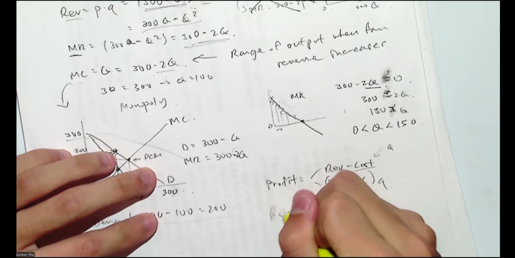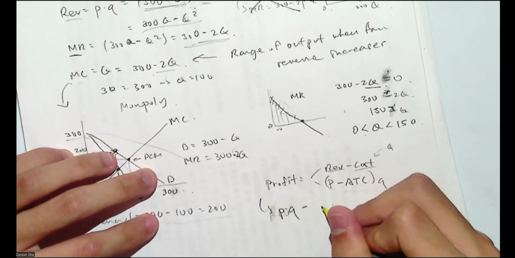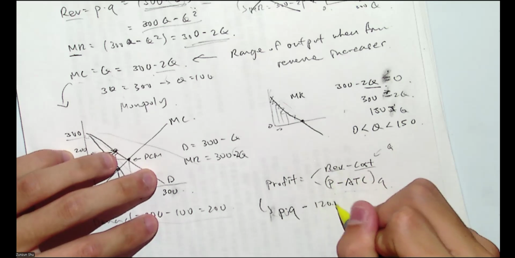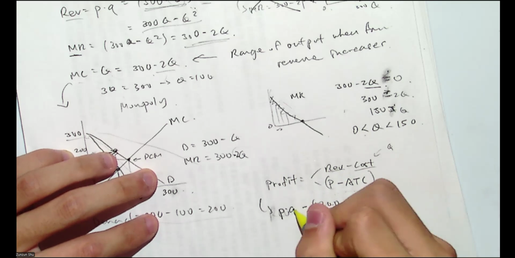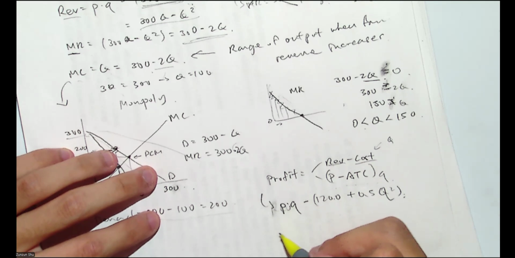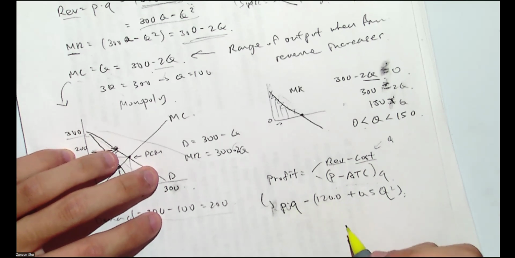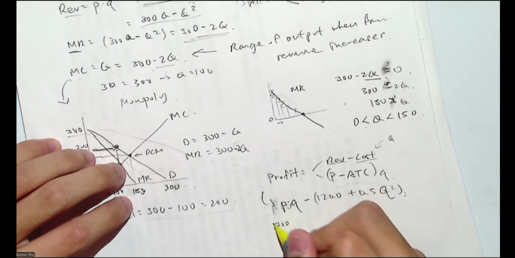Well, revenue is P times Q, right? So P times Q minus the cost, which is 1200 plus 0.5 Q squared. We could express this as small q. So now we plug in the numbers. 200 is our price, right?